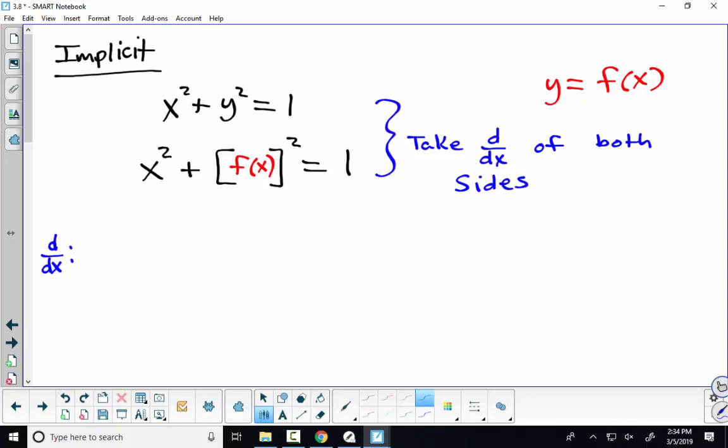Now we're going to take the derivative. What is the derivative of x squared? 2x. Plus, what's the derivative of 1? 0. What's the derivative of y squared? 2y. What do y'all think?